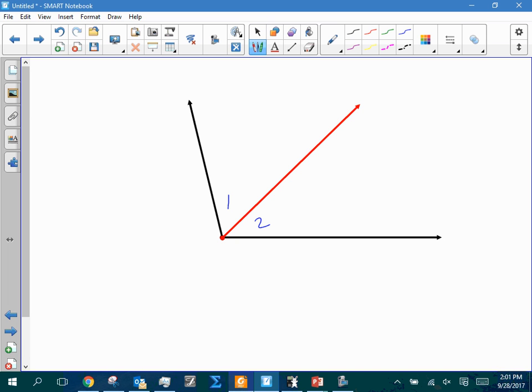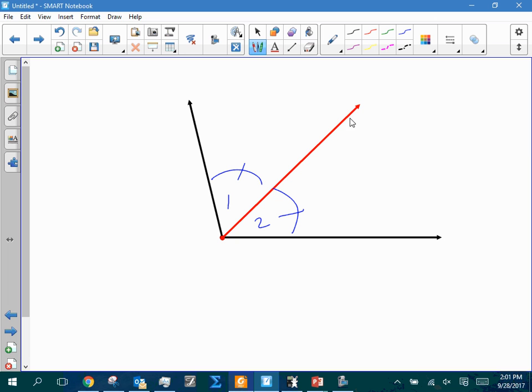Okay? What that biconditional is saying is a ray is an angle bisector if and only if it divides an angle into two congruent angles, right? We broke that down to two conditional statements. So this is the idea. If I tell you that red ray is an angle bisector, what does it tell you about angles 1 and 2? Okay, they're congruent. They're the same, right? So it tells you that 1 and 2 are the same.